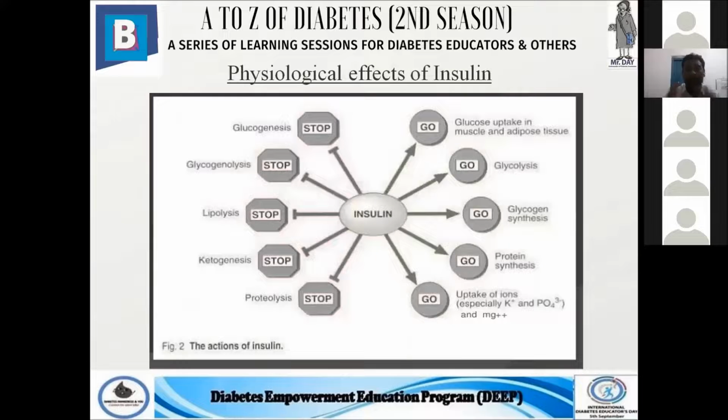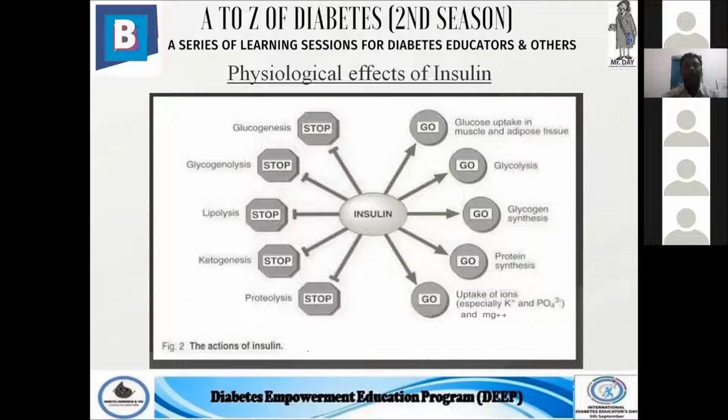And this figure summarizes almost all physiological effects of insulin. On the left hand side, we can see it stops gluconeogenesis, glycogenolysis, lipolysis, ketogenesis, proteolysis. In non-medical terms, insulin prevents the breakdown of protein, lipid, and glycogen, and prevents the formation of glucose from non-carbohydrate products.